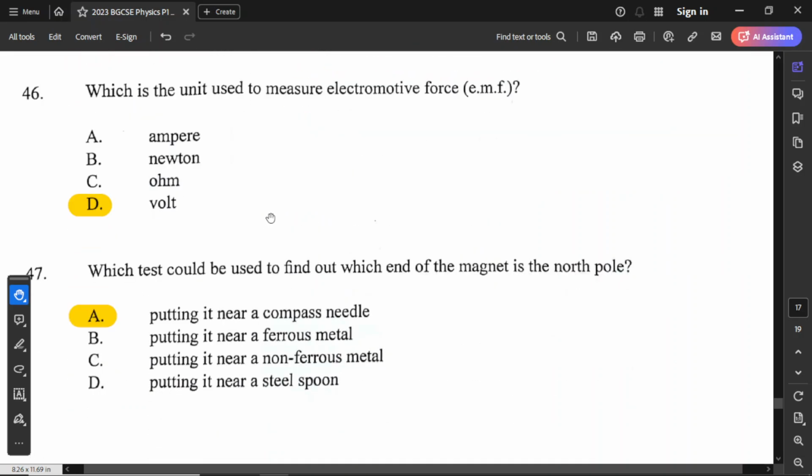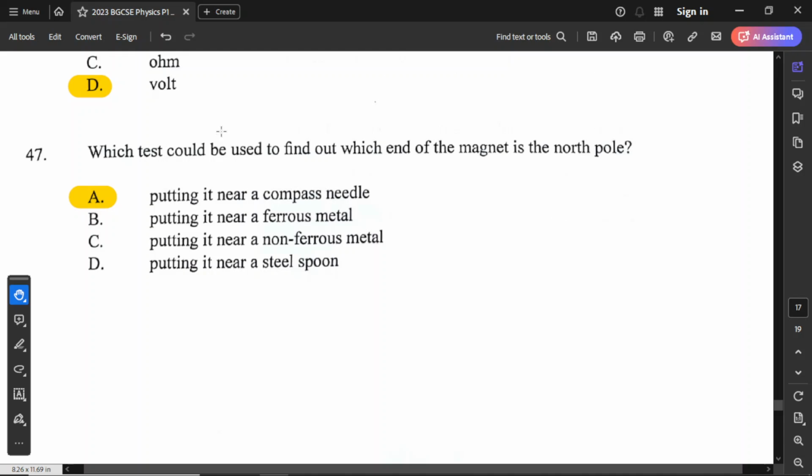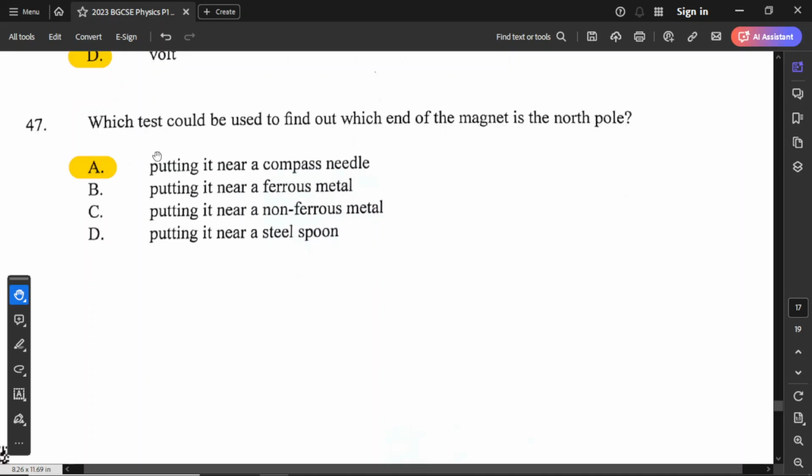All right, for 46, it said which is the unit used to measure electromotive force, which is EMF, and that is volts. So EMF and potential difference are measured in the same unit. 47, which test could be used to find out which end of the magnet is a north pole? That is definitely putting it near a compass. Putting it near the first metal will not tell you which pole it is.